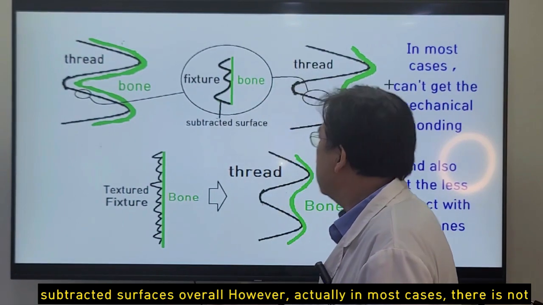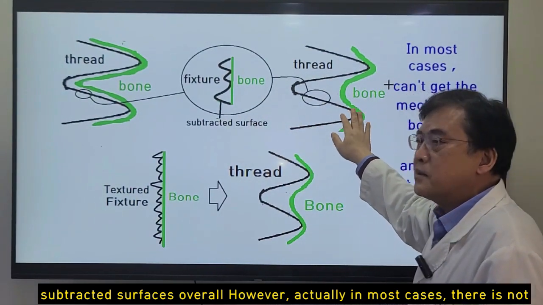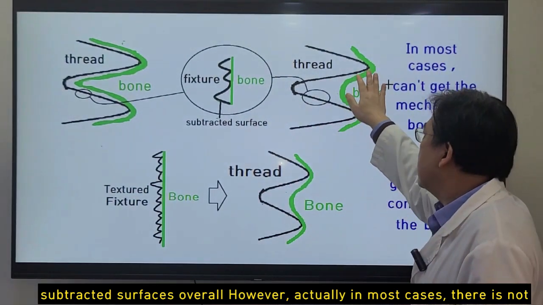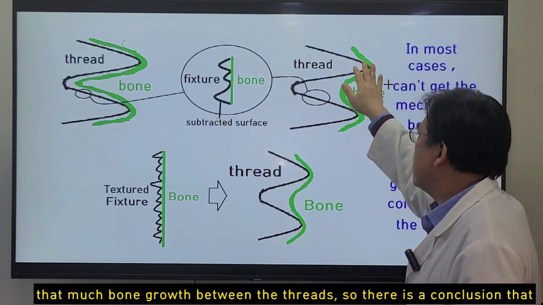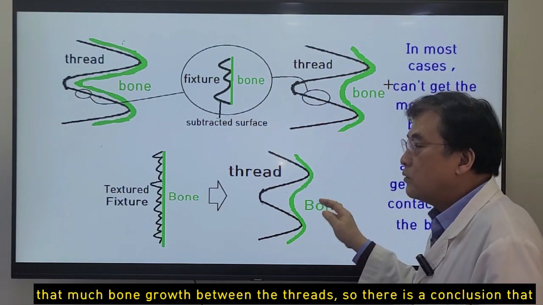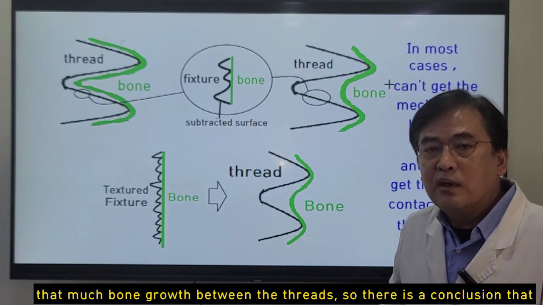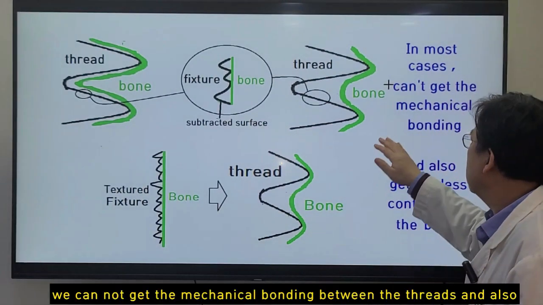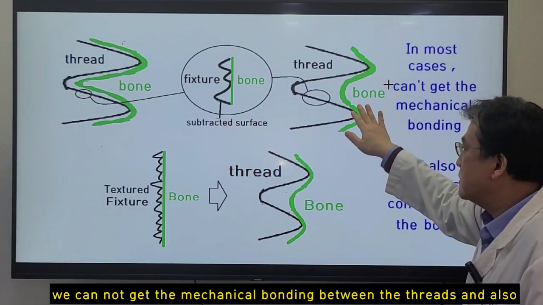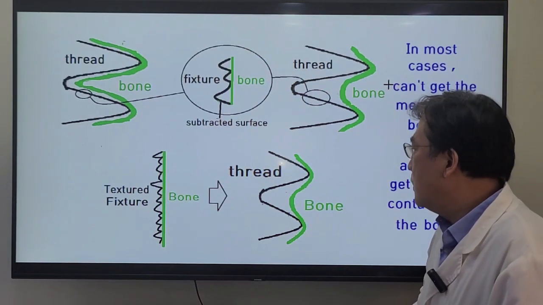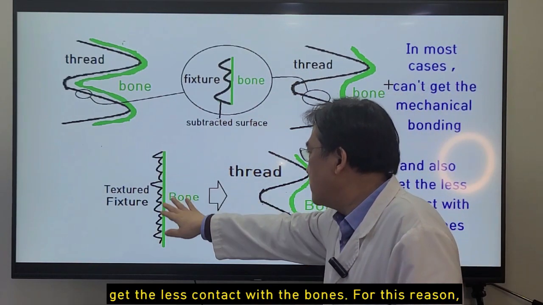However, actually, in most cases there is not that much bone growth between the threads, so the conclusion is we cannot get the mechanical bond between the threads, and they also make less contact with the bones.